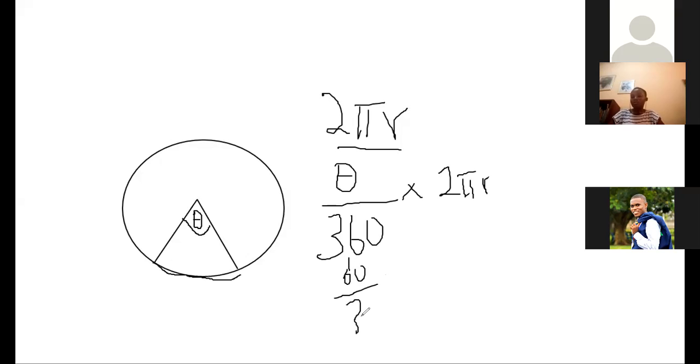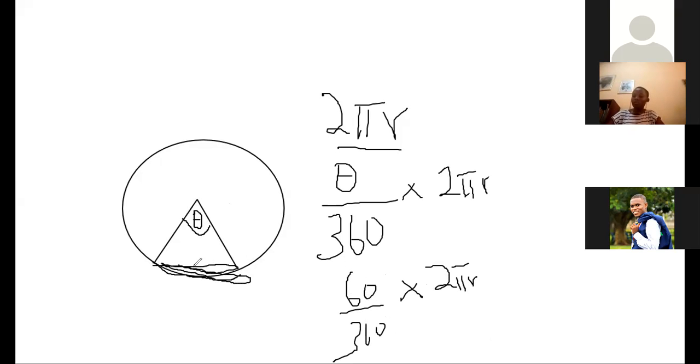Therefore, if this angle is 60 degrees, it will be 60 over 360 times what? 2 pi r. And that will give you the circumference of this particular arc.